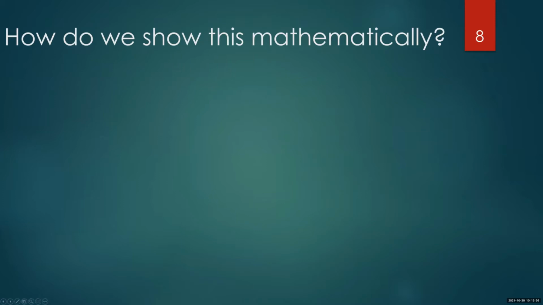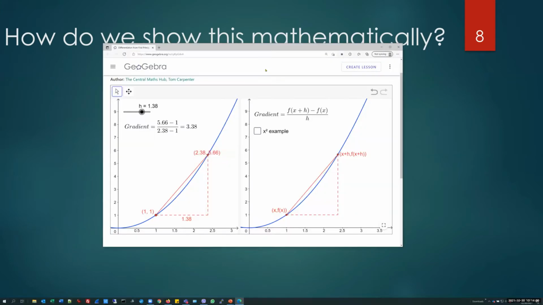So how do we show this mathematically? Here's an animation that helps to explain what we're trying to do. As I move the slider here, you can see that the hypotenuse of this triangle gets shorter and shorter. If you look at the slope, when I make the triangle bigger, the slope changes, and it is quite different from the slope of the blue curve at 1, 1.